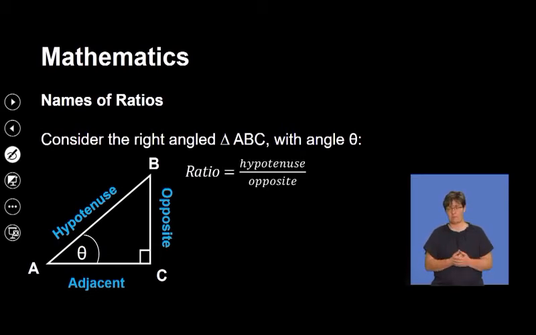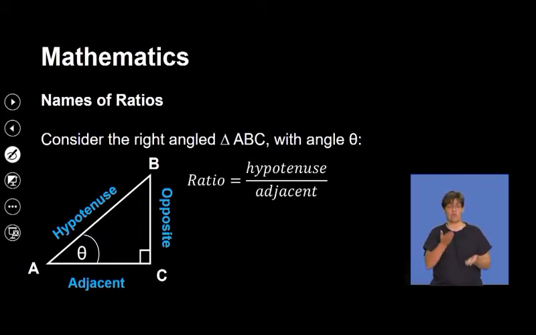Now, if it's hypotenuse over opposite, remember I said tip them, we call this cosec, and the full word for it is cosecant of theta. If our ratio is now hypotenuse over adjacent, we call it just sec, and this is secant of theta.